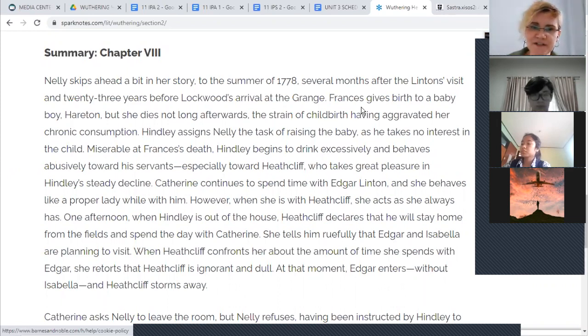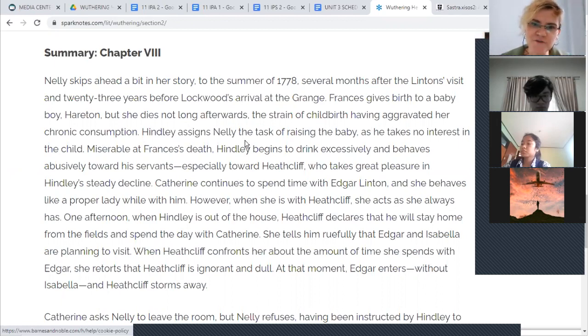And that was when his father passed away, Mr. Earnshaw. And so his wife gives birth to a baby, and the boy is called Hareton. But Frances dies not long afterward. So Hindley has to raise his son Hareton all by himself at Wuthering Heights. And remember, Hindley is Catherine's brother.